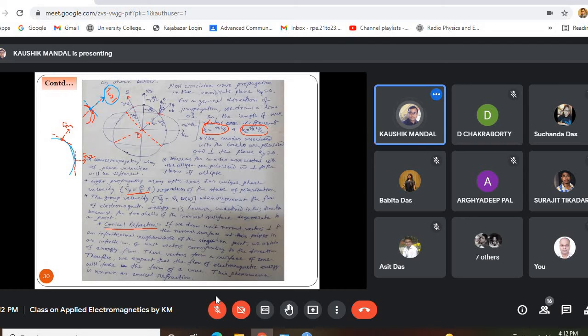For example, it is better to draw only two unit vectors corresponding to the two surfaces. At this crossover point there are two surfaces: one is the ellipsoidal and the other corresponds to the sphere.